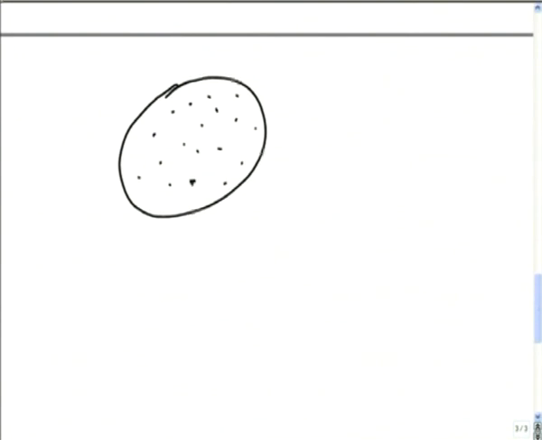Now we discuss how many independent coordinates a rigid body has. Now a rigid body is composed of so many particles. Supposing a rigid body has n particles, although we will say n tends to infinity, otherwise it will not be a continuum.